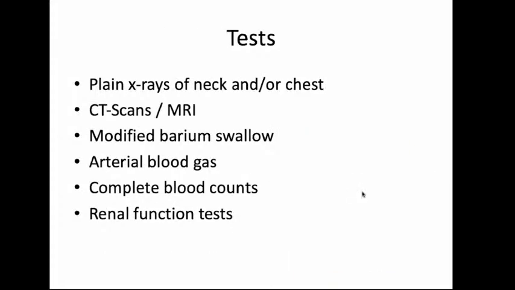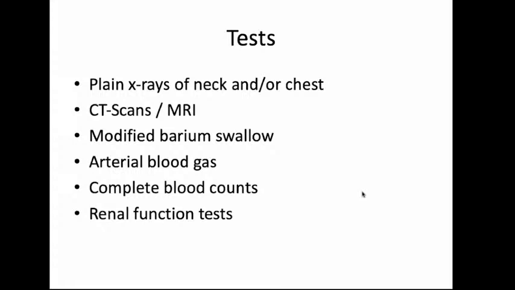You may want to do some investigations based on what you find. That can be plain x-rays of the neck and or chest. Like if it's adenoids you're dealing with, you just need a plain x-ray. If it's a tumor, you might need a CT scan. And if it's more of a tumor in a soft tissue like the base of tongue, you probably need an MRI instead.